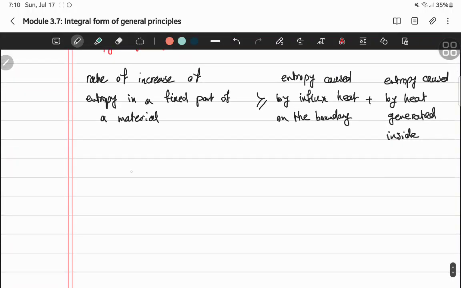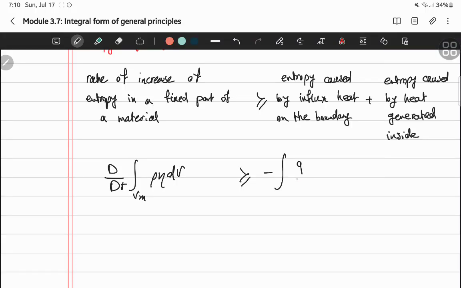So in mathematical format, we have d/dt of entropy. We define entropy as entropy divided by mass, right? So it is the integral of rho eta dv over Vm is greater or equal to the influx heat, or the heat on the boundary.